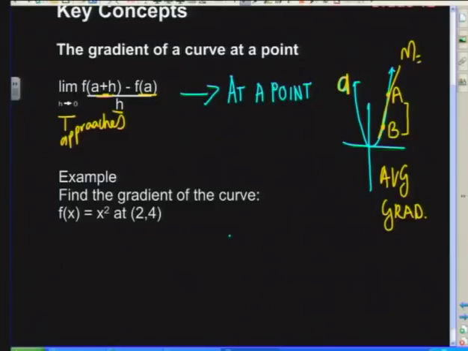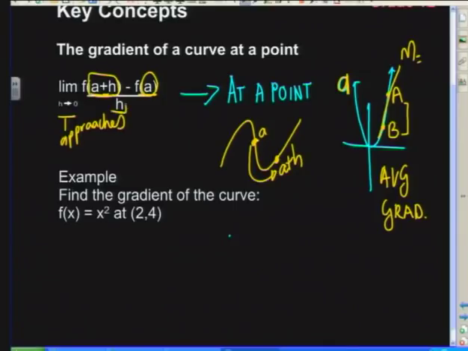So what this is saying is you have a point A, right, on a curve. So let's just draw a random curve. I've got a point here A, and then I've got another point somewhere else there, and I've moved h distance to get there. So this a plus h, don't let that confuse you.